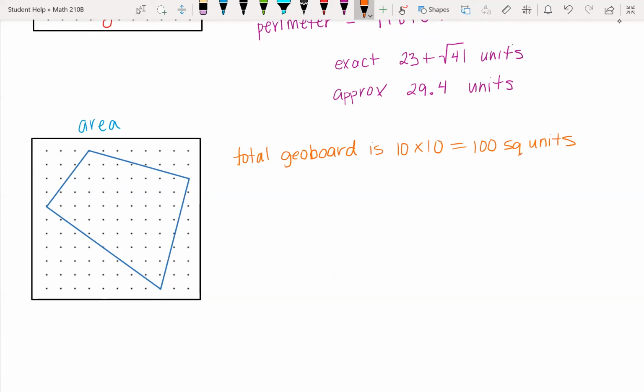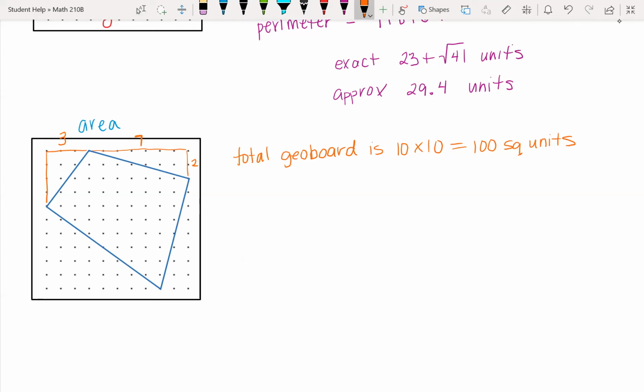All right, so I'm going to start with 100 as the total, and then I'm going to subtract off 4 triangles. So I've got this triangle on the outside, which is 2 by 7. Now, because each side is 10 by 10, I know that this length is going to be 3, because then the 3 and the 7 add up to give me 10.